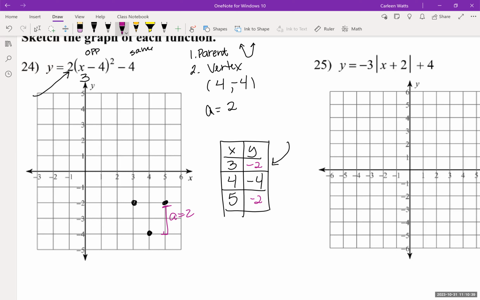If you don't like using A, what can you do? Just plug 3 into that equation and you will get -2. I promise. But if we were to use A, we would have to flip it. If you look at the graph, you can go up 2. Otherwise, you take the y value and add 2 and it's going to get -2.